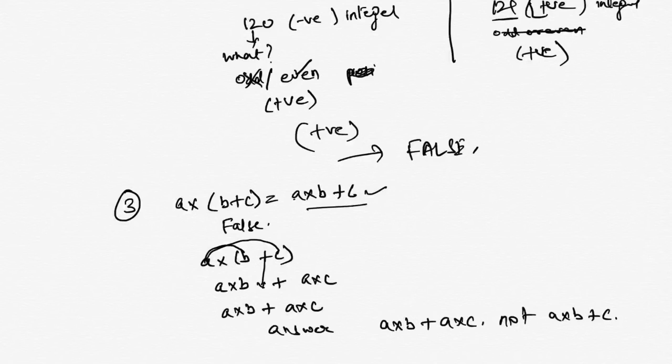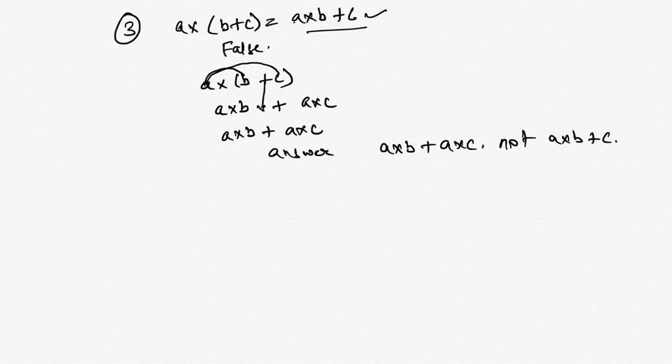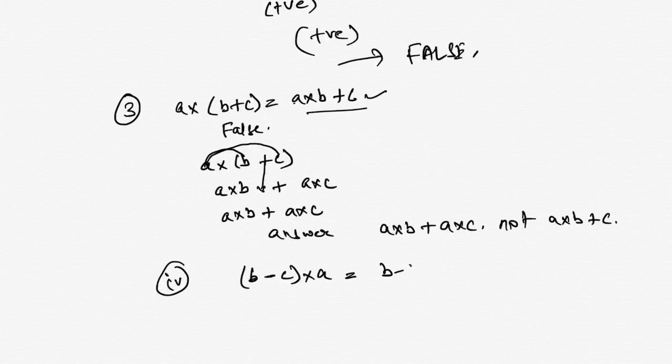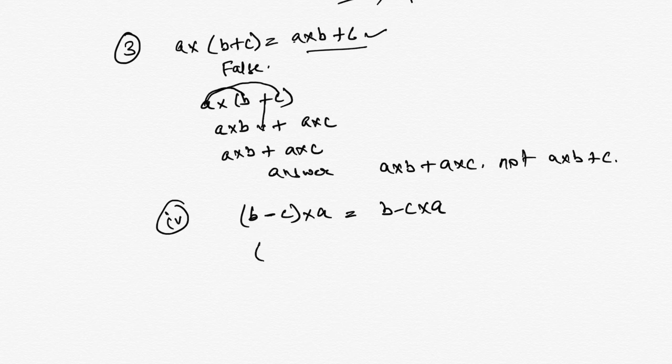Now let's see the final one, the fourth. Let's see what the fourth is saying. Minus B minus C into A is B minus C into A. Let's see. Now first take B minus C into A. Now don't get confused. In here A is in the first and here A is in the last.